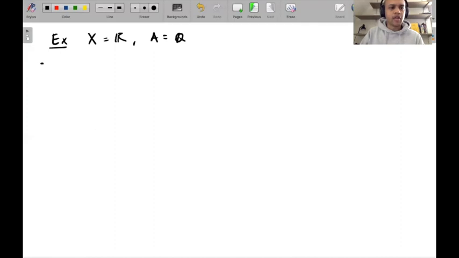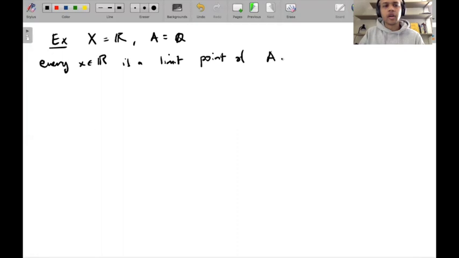So then every x in R is a limit point of A. And there's different ways you could argue this, but it's convenient to just use sequences. So we can see this by writing x in decimal form.